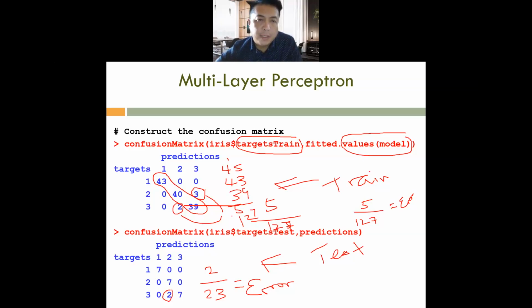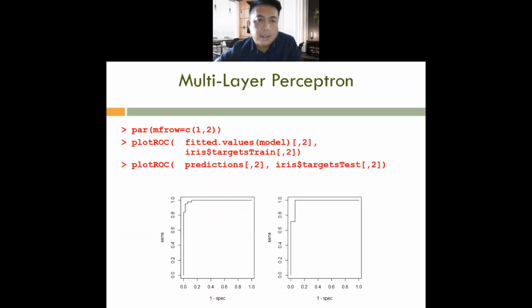So you can perform a simple perceptron prediction, or you can perform a multi-layer perceptron in R. And this is the ROC, receiver operating characteristic. I believe you have studied this one in data mining. This one tells you how good is the model. What we want to do is maximize the area under the curve here.